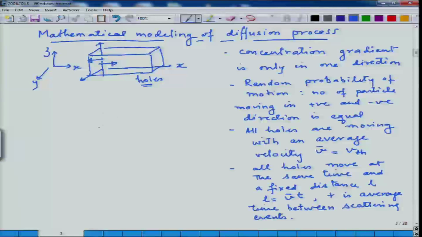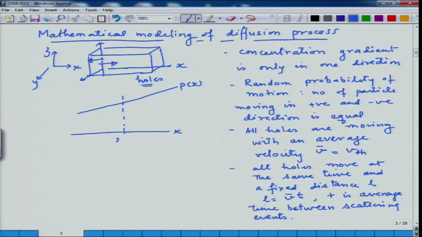So, we have simplified the problem quite a bit by making these assumptions, and with that we can now find a formalism for finding out what would be the diffusion current in a semiconductor. Let me take an example of a semiconductor. Let us say the hole concentration is represented by this curve, and I am looking at any particular point, and for simplicity let me say I am looking at x equal to 0.